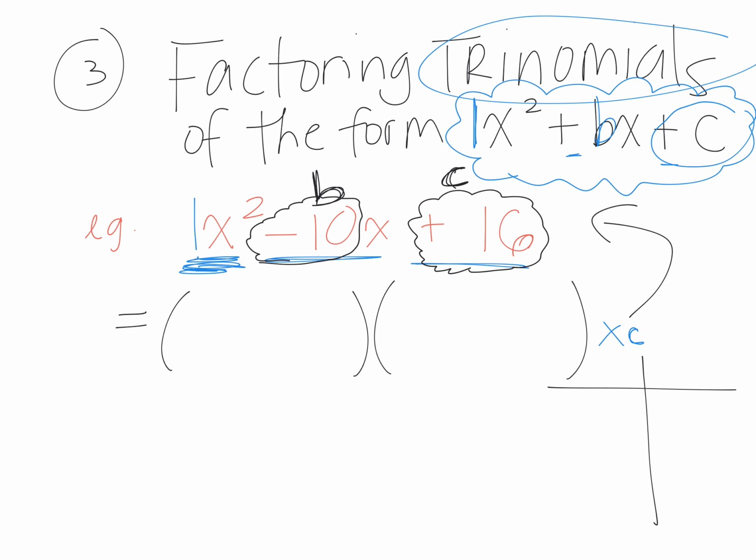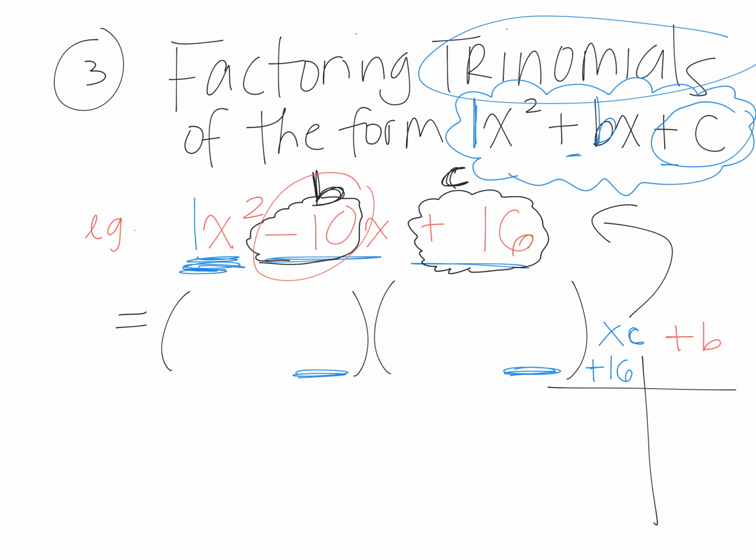What number is C? Positive 16. You have to include the sign, okay? We're trying to find two numbers that when you multiply them together give us positive 16. Now, you can't just choose any two numbers. It has to be two numbers that multiply together to give you C, but when you add them together, they give you the middle term B.